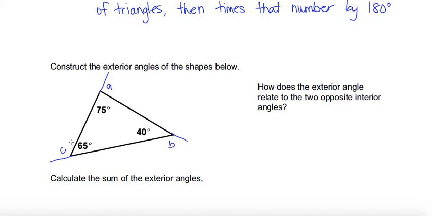So how do we find out those exterior angles? Well, we have to figure out what the supplementary angle would be, because we know that these add up to 180 degrees, right? So A is the same as 180 degrees take away 75, so A is equal to 105.